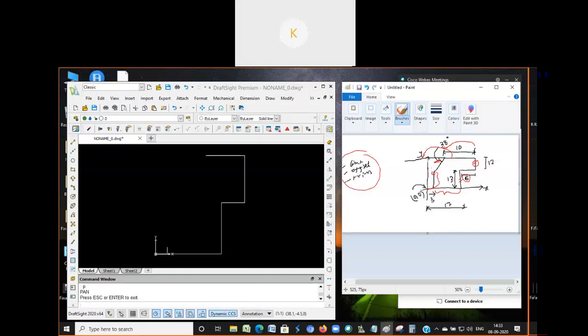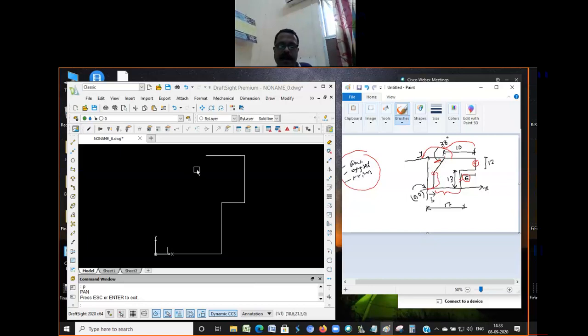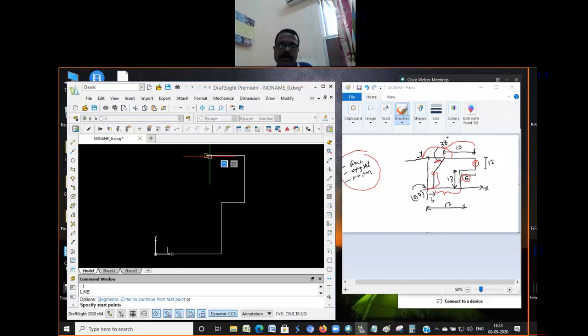But I am not specifying the length of this particular line or segment. So you can just arbitrarily pick up any length. For that line, this is my start point. So it says next point. I don't know how much I should give the length.